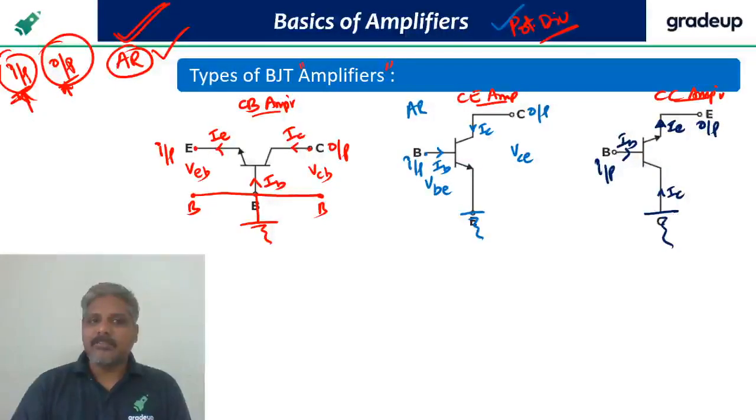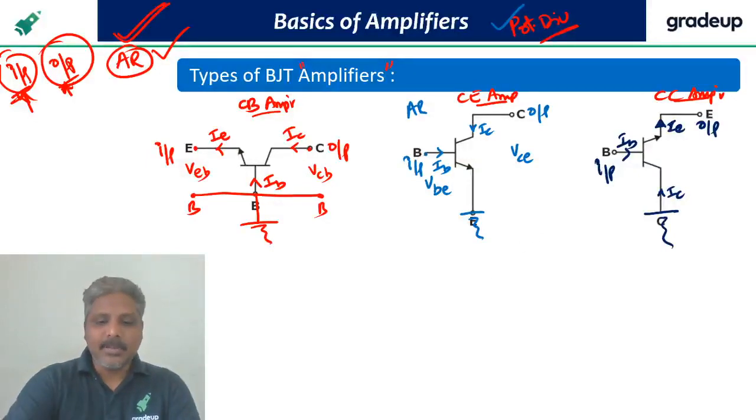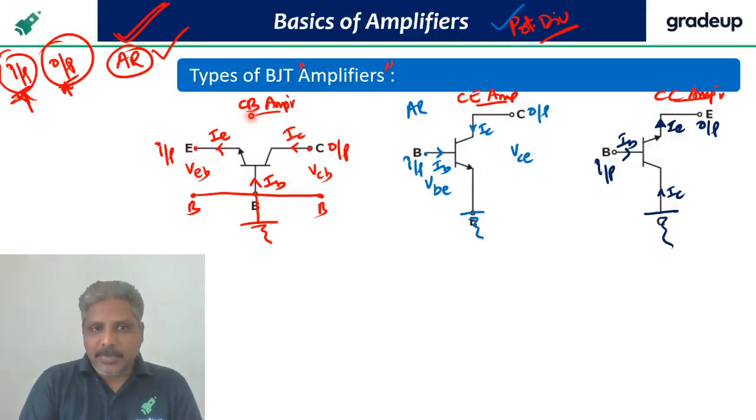You have to tell me what is the input current, output current, output voltage, and input voltage for the three different configurations. Once again, I remind you. Input to the CB amplifier is at the emitter, output is at collector. So output current is IC, input current is emitter current. For common emitter, input current is IB, output current is IC.